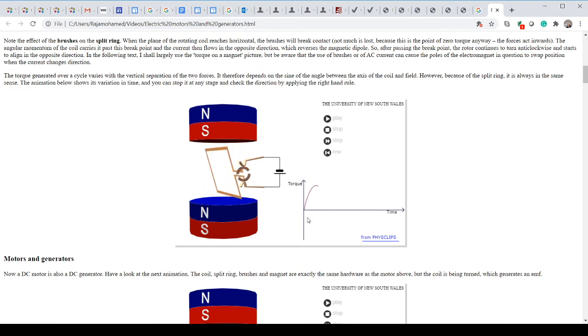Mechanical. The torque is of a single polarity, one side. You can see the torque produced in this area. This is for the DC motor. Input is DC energy, output is mechanical energy. You can also see stepwise how, when the coil rotates, torque is produced.